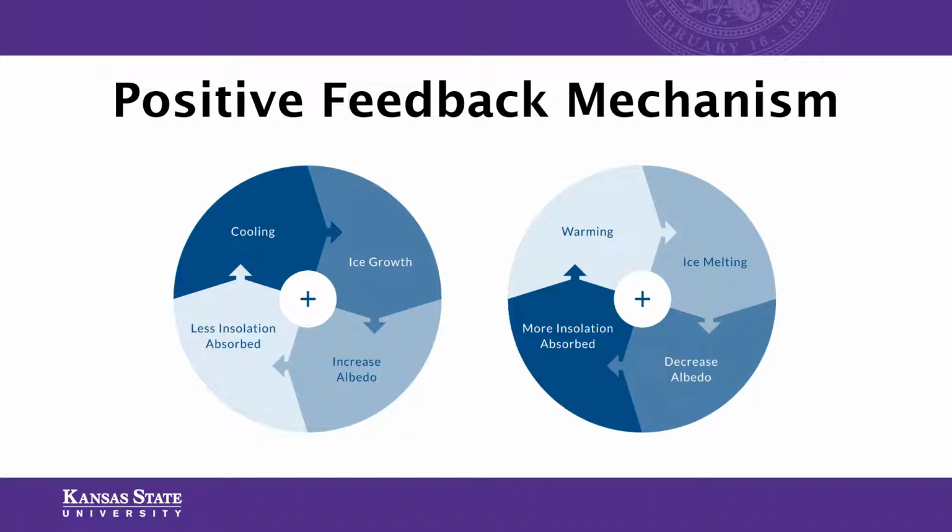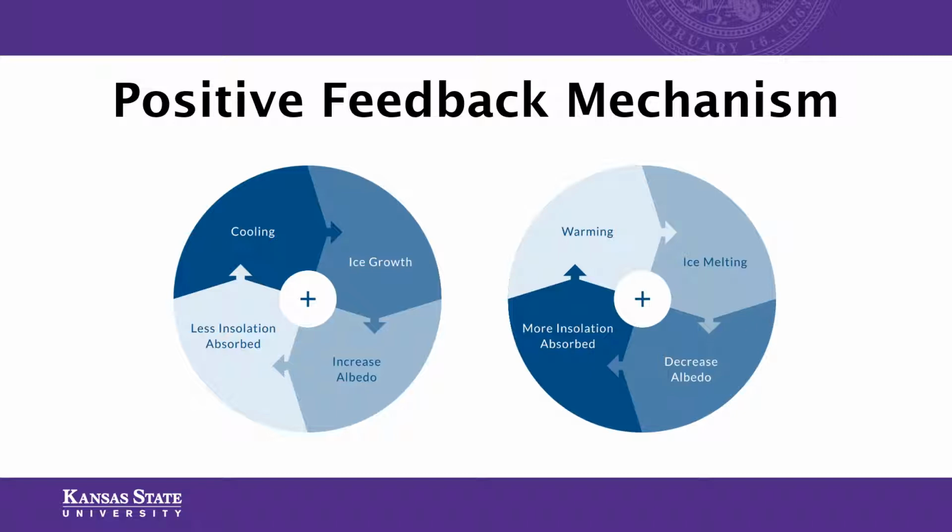We have less reflective surfaces to reflect the sun's energy back out into space, which means more of the sun's energy is being absorbed by the earth, by our land, by our oceans, which means temperatures are increasing, which means it's warmer, which means more ice is melting, which means our albedo is decreasing even more, which means it's warming up. And you can see how this is a positive feedback mechanism because one thing triggers a change in the other thing, which then triggers the first thing to change again.